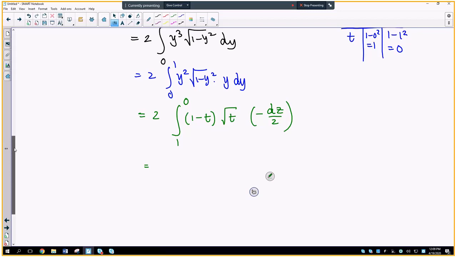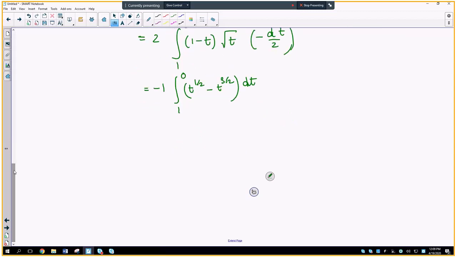And I said dz, you should have noticed that z doesn't make sense, so it should be t here. That's the variable of integration. So if I take this negative constant out, I get a negative 1 outside, and my integration is 1 to 0. What else do I do? I write these terms as t to the power 1/2 after distribution minus t to the power 3/2. This is going to help me use the power rule of antiderivative, and I will get a dt.